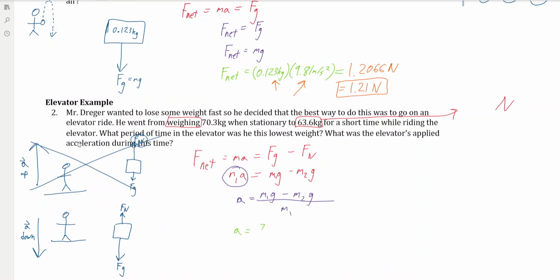So let's write it down first. 70.3 kilograms times 9.81 meters per second squared minus 63.6 kilograms times 9.81 meters per second squared over our normal mass, so 70.3 kilograms.